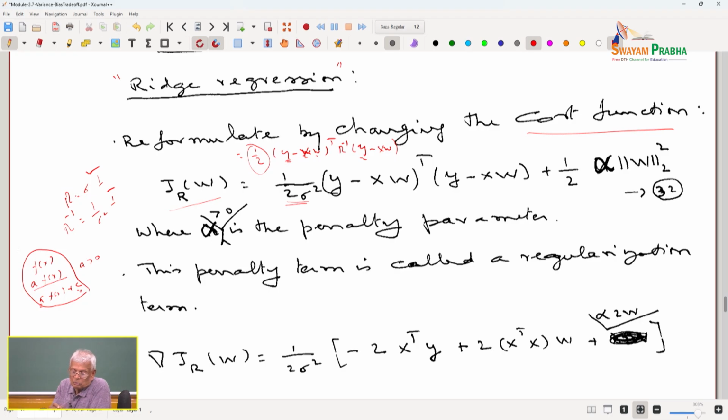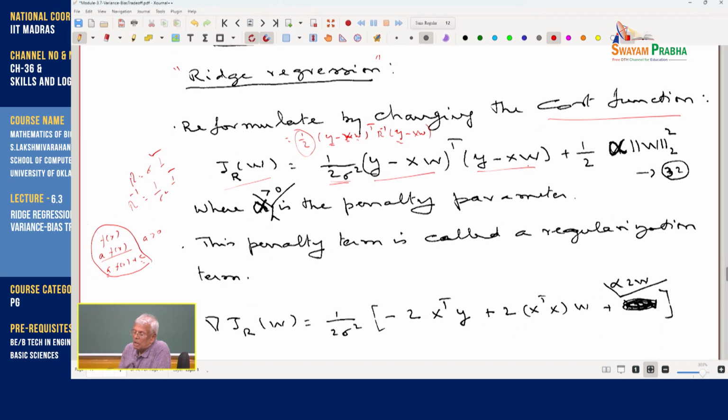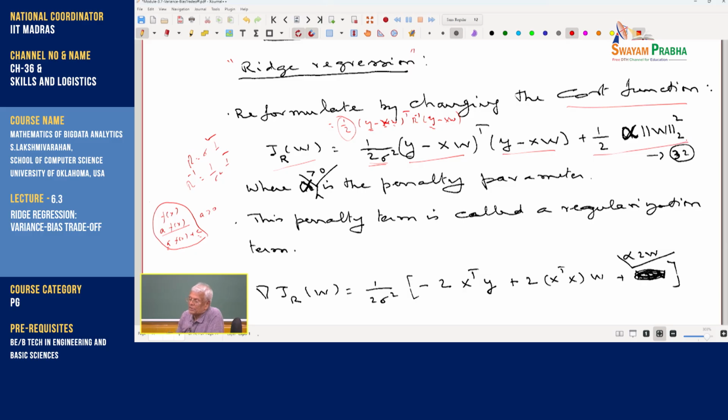So, 1 over 2 sigma square times the residual transpose residual, plus 1/2 of alpha times the square of the norm of w. This is called the regularization term, also called the penalty term, and alpha is called the penalty parameter.